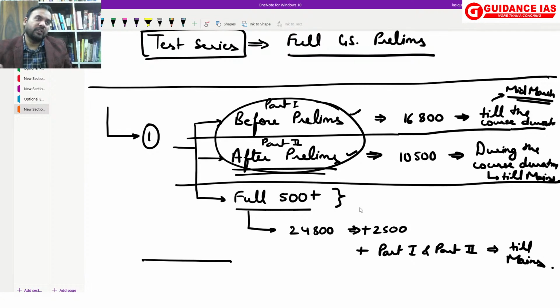और full course तो join करोगे ही तुम लोग, ये भी जान लो. Most of you are going to join. Either you join it like before prelims and after prelims, उसमें you are losing 2,500 rupees and the other advantages. And believe me, once I start with the class, there is no doubt you are going to join. ठीक है.